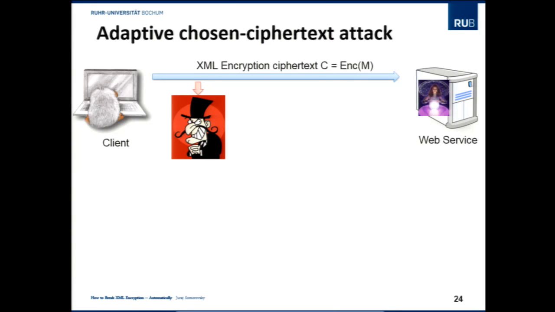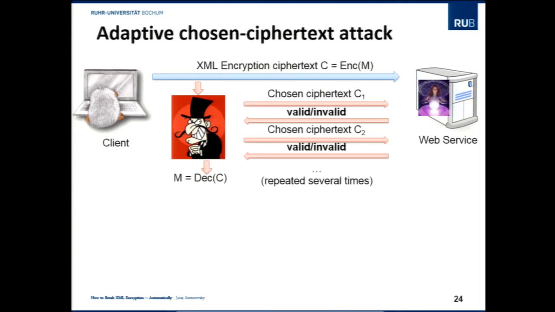What the attacker does is use the web service as an oracle: he somehow modifies the ciphertext and sends it to the web server, which processes it and responds with valid or invalid according to the message validity. The attacker repeats this several times, and at the end, he can decrypt the message. This is just a general scenario of adaptive chosen ciphertext attacks and how they work.